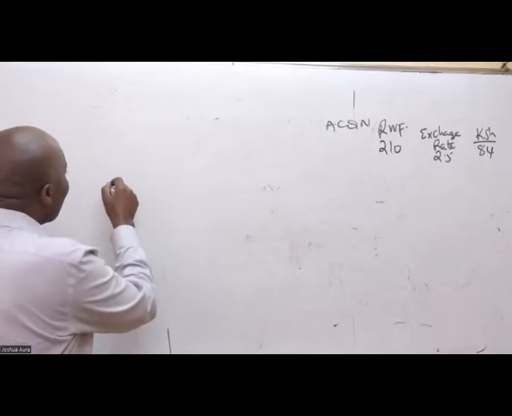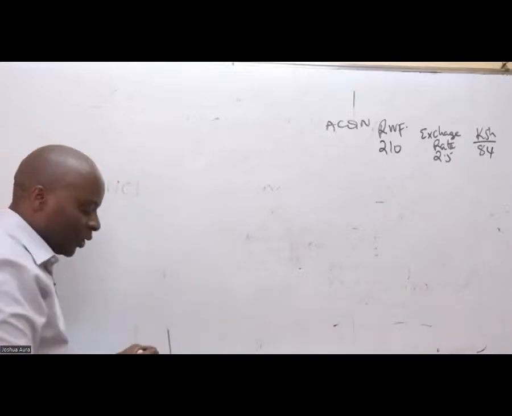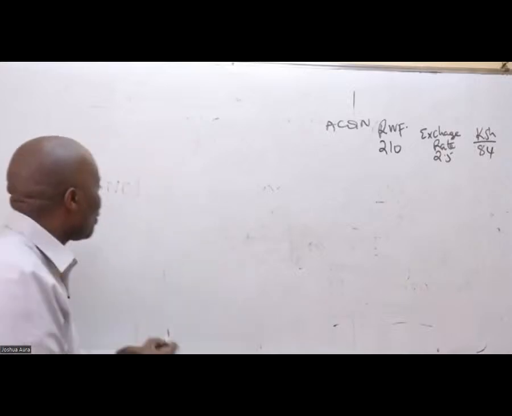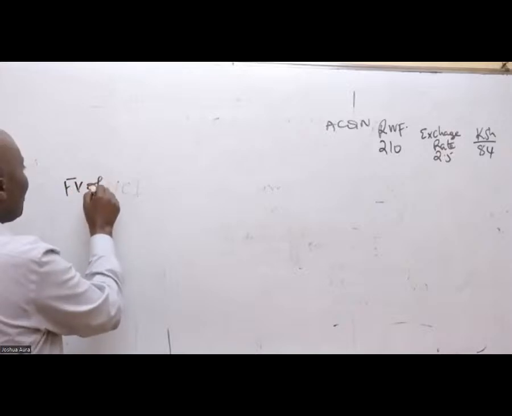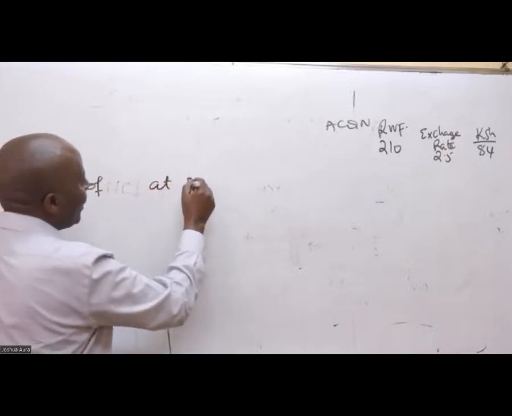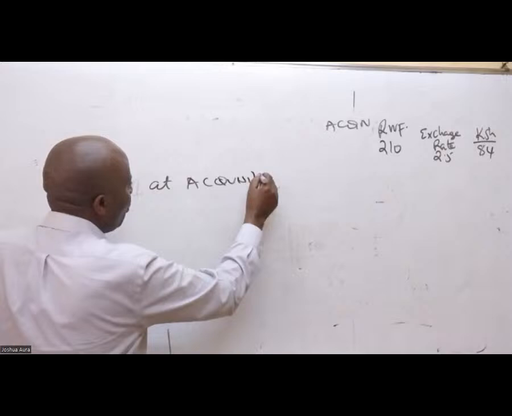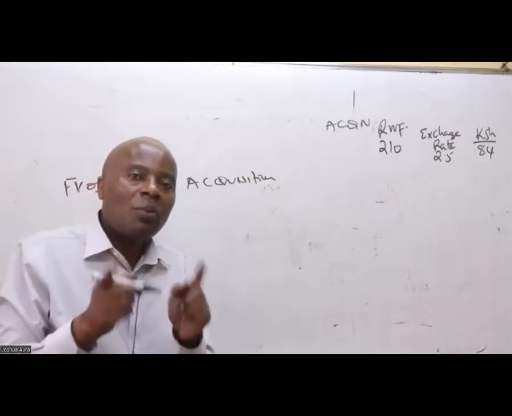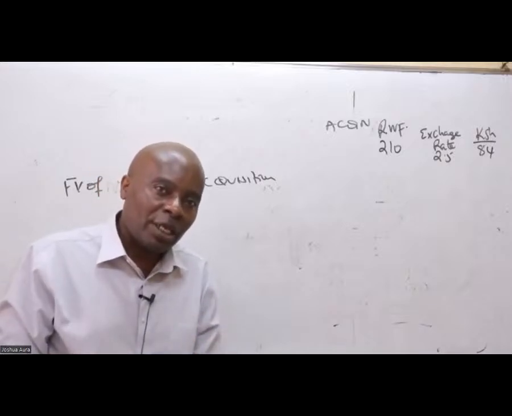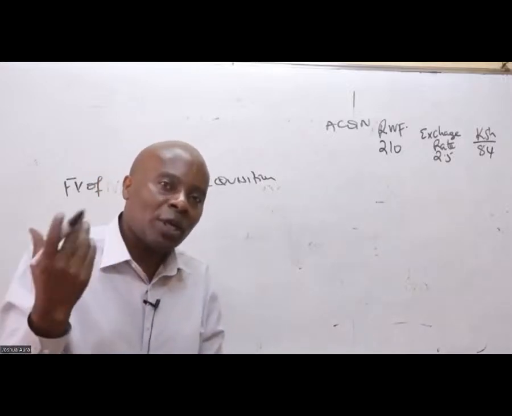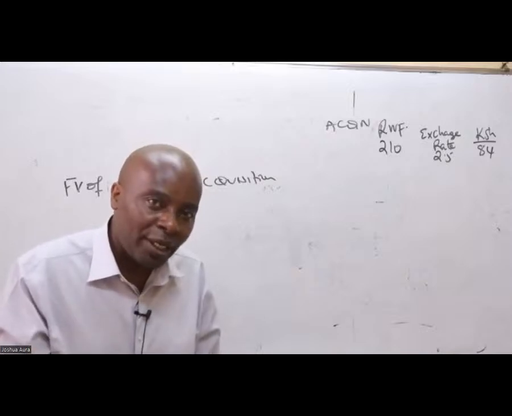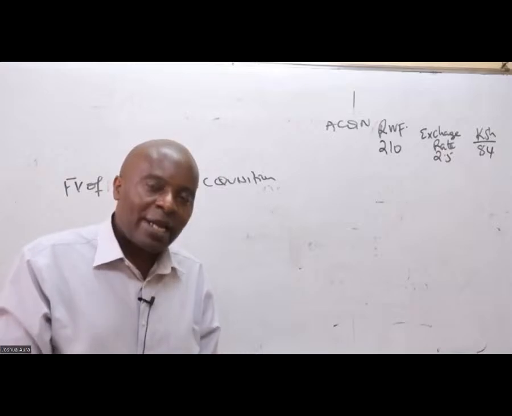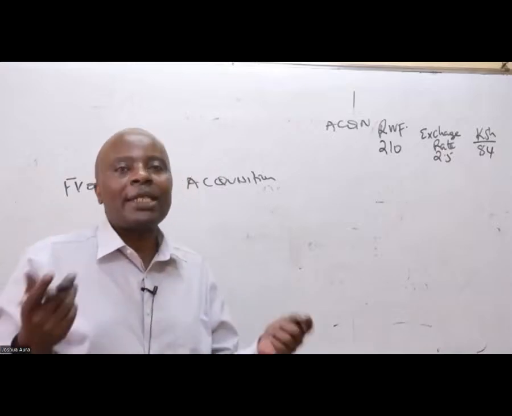We have the fair value of NCI at acquisition. At acquisition, we shall look at how many shares these guys have. 10 shares. The market is willing to accept these shares at how much? Maybe 20. So take 10 times 20, 200. That is at acquisition. But again, there is another measurement which comes at reporting date.